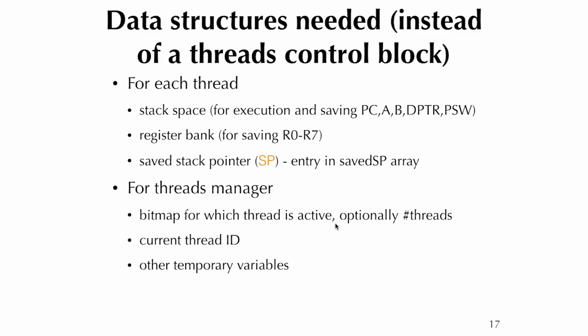Okay. Now, for each thread, that's kind of the memory you need. In addition, the thread manager would also need to keep track of a number of things. What are those? Well, for now, let's think of a bitmap, which is like a set, right, indicating which thread ID is active with a real thread running, which one is not. And you could keep a number of threads, but is that really necessary if you have a bitmap?